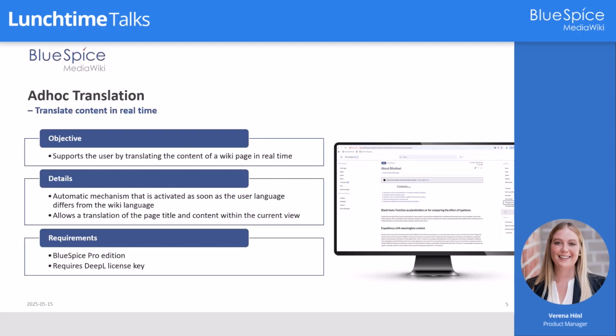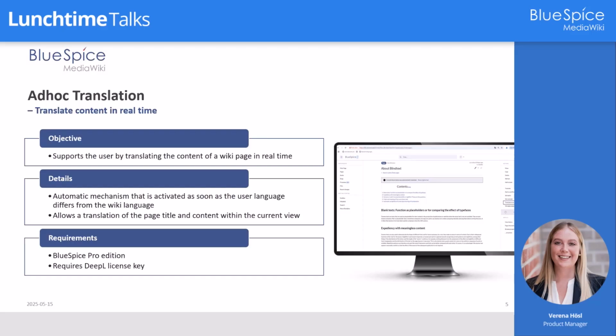If you have an English instance where the wiki language is English, and you're a user from Germany, for example, and you change your language in the user preferences to German, there will be an entry in the right sidebar which says translate this page. If you click on it, the page title as well as the page content will be translated to your language so that you can easily read and consume the content.